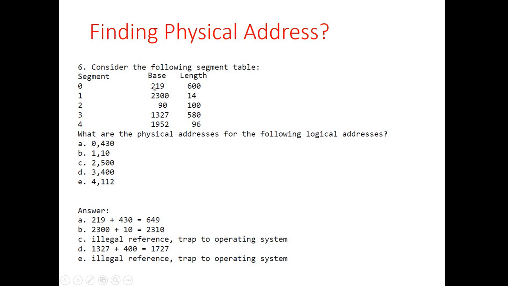Segment 0 is starting from location 219, so 219 is the base address. Plus we have to identify the instruction number 430. So 219 plus 430, that is equal to 649, is the actual address of this particular reference 0, 430.